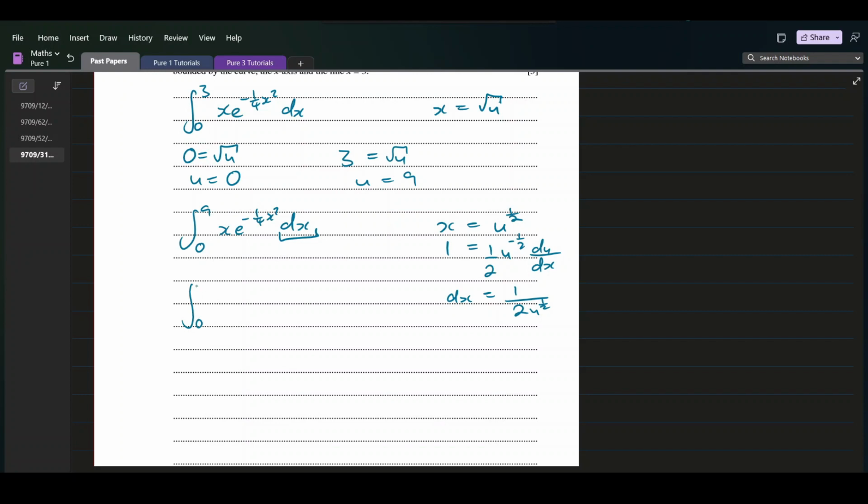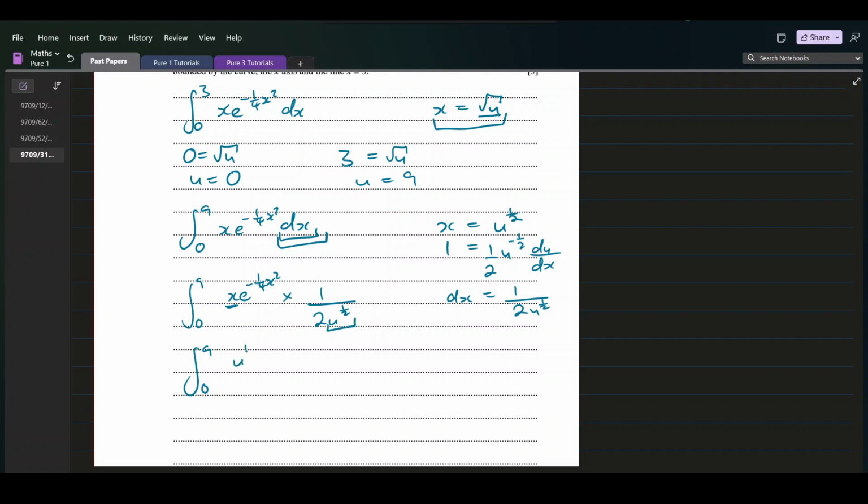This becomes the integral from 0 to 9 of x e to the negative 1 over 4 x squared, and we're substituting dx with 1 over 2u to the half. And remember that our substitution is x is equal to root u, so we can substitute this x over here. Instead of writing it as root u, I'm going to write it as u to the half.